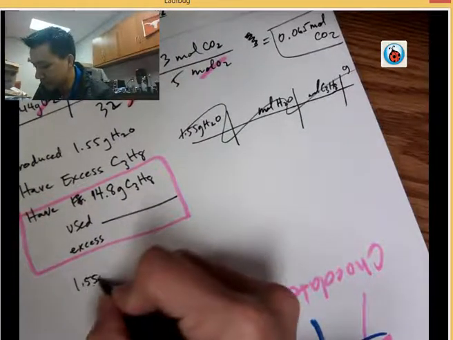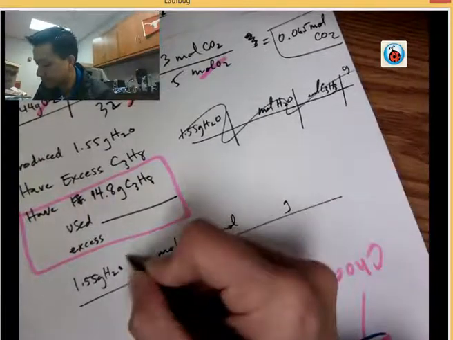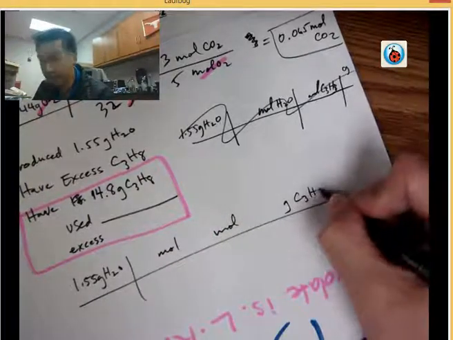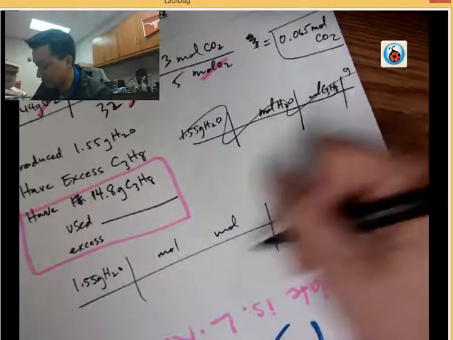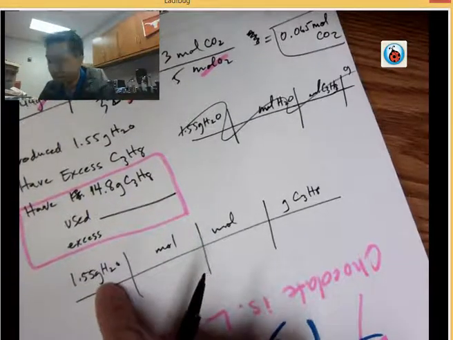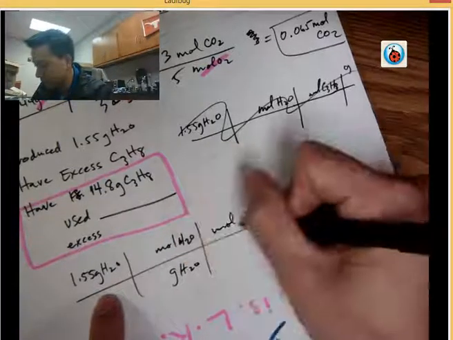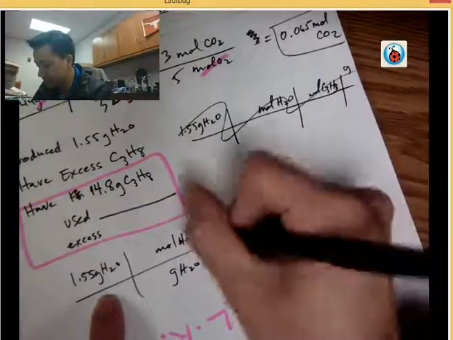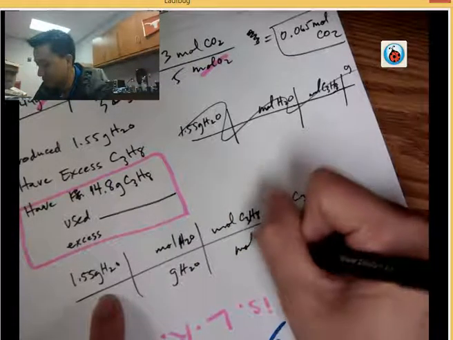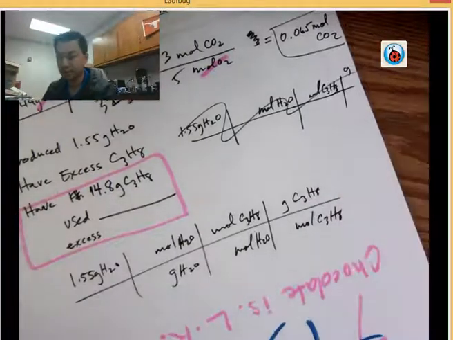I'm going to start this over because there's not enough room here. 1.55 grams of H2O. Grams, mole, grams. We're going to grams of C3H8 because we want to find out how much we used to make that much H2O. So mole of H2O first. Mole of C3H8, the second substance. Mole of H2O goes down here. Mole of C3H8 there.